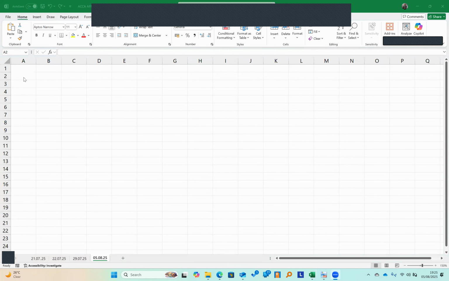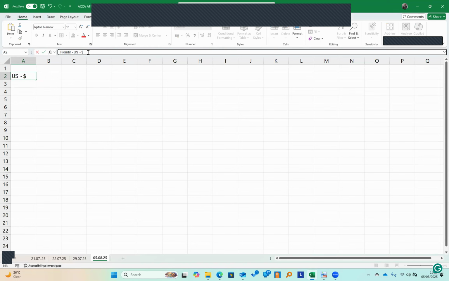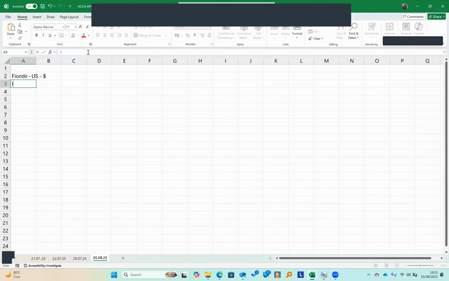Fondir is in the US, and they use the dollar. In Italy they use the euro.